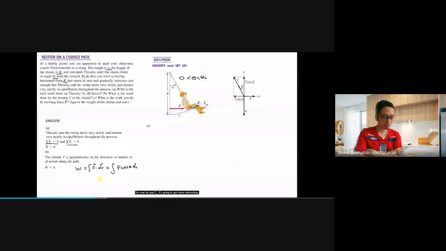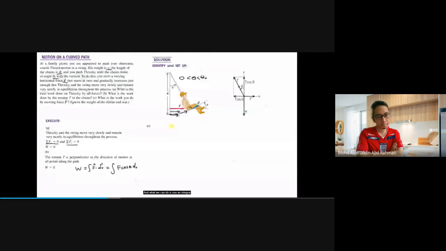So now for part C, it's going to get more interesting. We want to figure out the work done by the applied force, the force made by the pusher. As we can see, as Throcky moves along this path, the applied force, which is always to the right, starts to create a bigger and bigger angle between it and dl. So we're going to have to account for that.